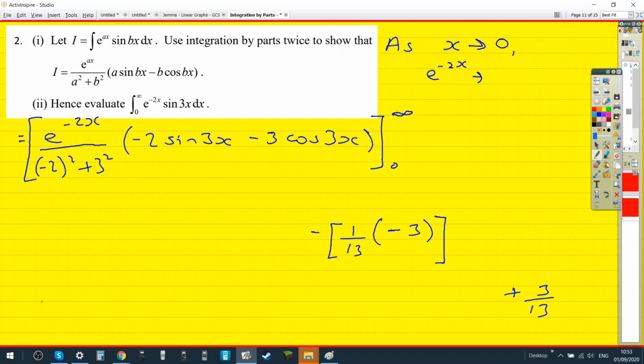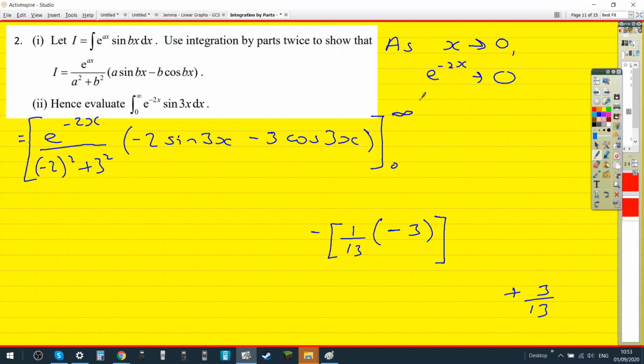What does 1 over 1000000 tend to? 0. Yeah, that gets closer and closer to 0. So that one tends to 0. But e to the 0 is 1. So how can e to the minus 2x tend to 0? Wouldn't it tend to 1?